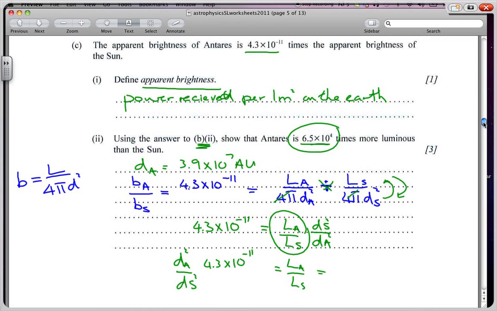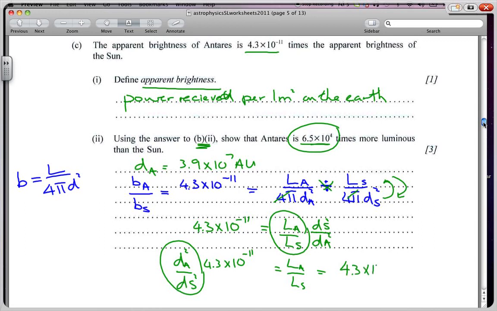Now, we've already worked this out over here, that dA is about 3.9 times 10 to the 7 astronomical units. Now this is 1 astronomical unit, and that's 3.9.